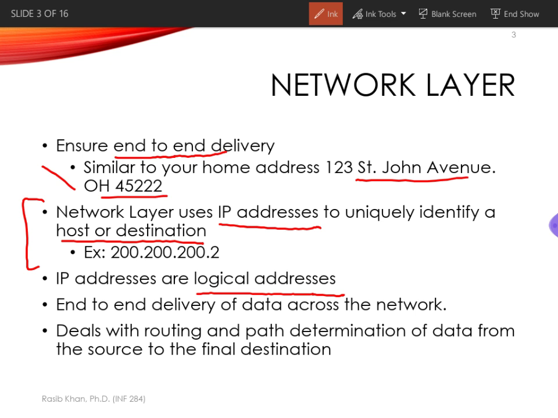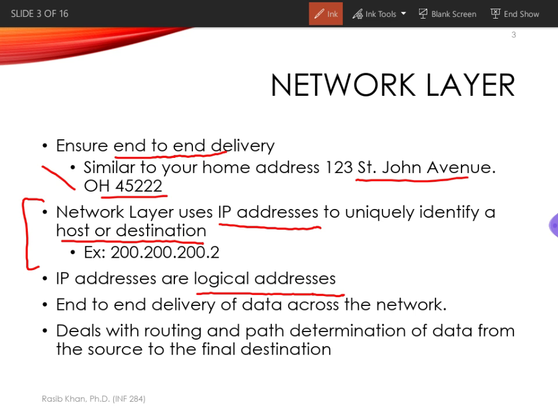So let's say you have your mobile phone connected to the campus network. So the wireless interface of your mobile phone will have an IP address allocated from the campus network. Then again, when you go back home and connect to the wireless network at home, the wireless interface on your mobile phone gets a new IP address.